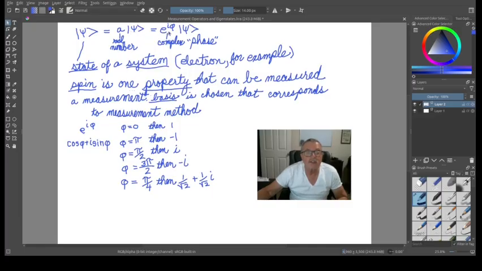Now, while I've got this thing up here on the screen, let's look at what that really means. E to the I phi is the same as cosine of phi plus I sine of phi. And that means that if we go to phi of 0, cosine of 0 is 1, sine of 0 is 0, so that just leaves 1, the real number 1. This leaves the real number -1. This leaves the imaginary number I. This leaves the imaginary number -I.